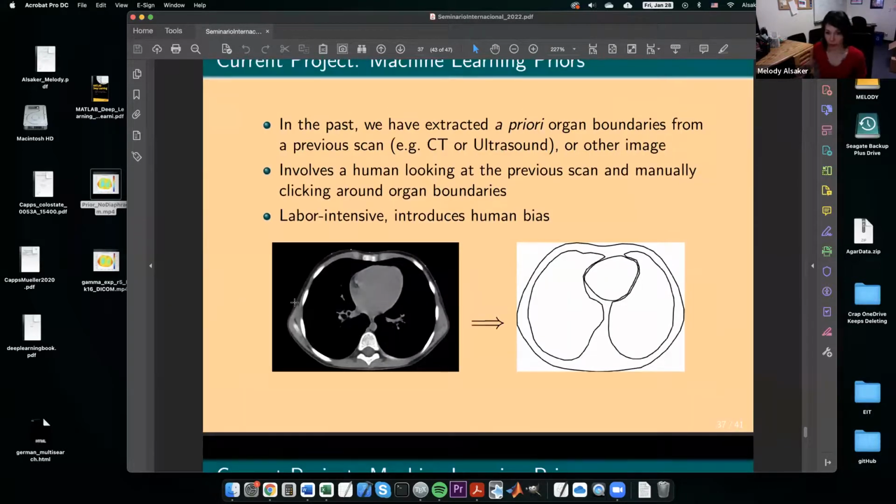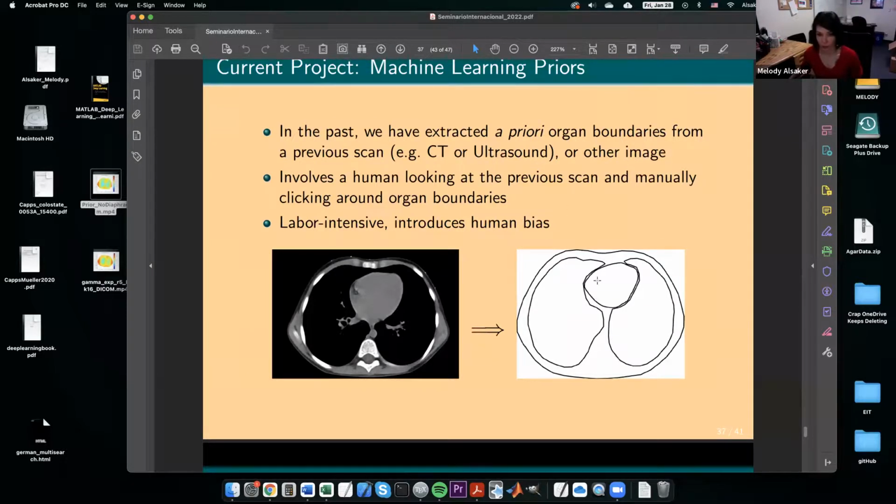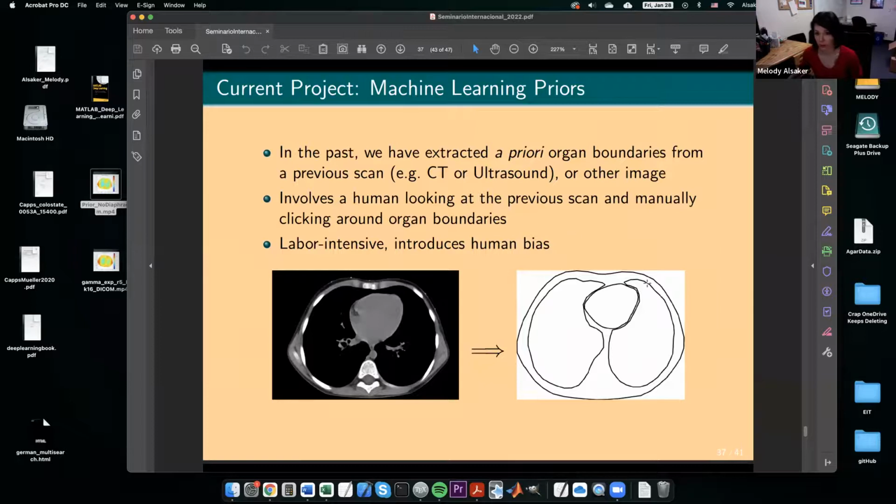And the most recent thing that I'm working on is using deep learning algorithms, machine learning, to extract a priori boundaries. So in the past, when we want to extract organ boundaries, we click all the way around these organ boundaries. It's very time consuming.